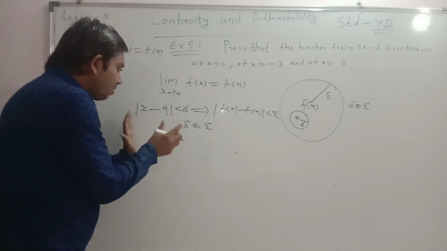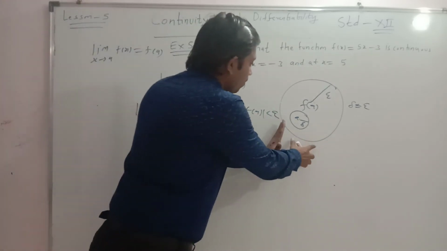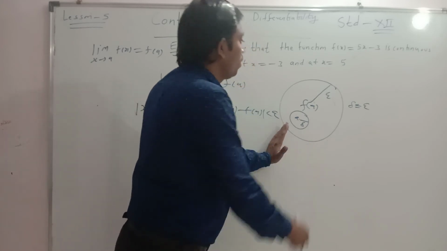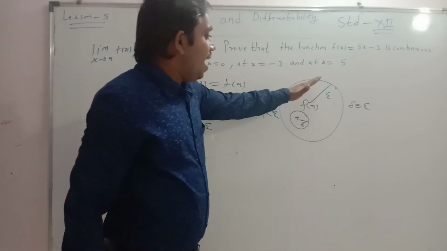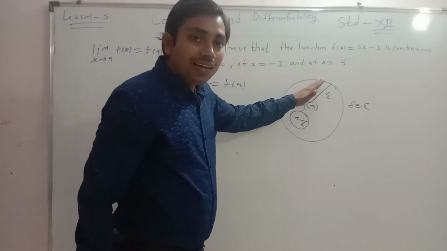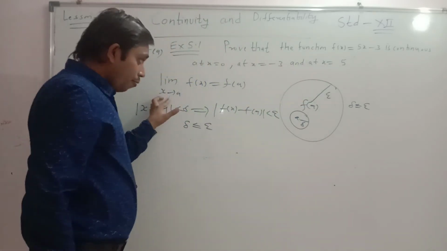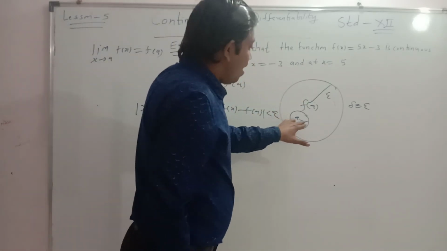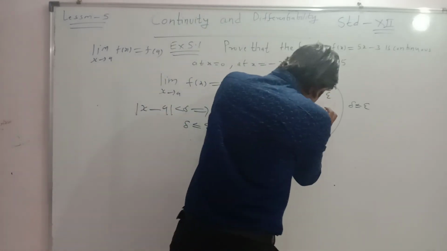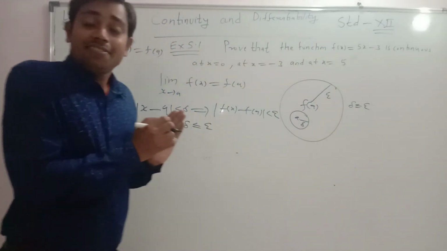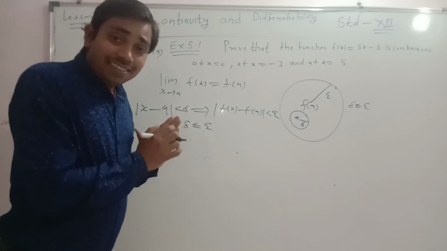So I have given this definition in topological space like this: with center f of a and radius epsilon, when it contains this domain approach with center a and radius del within this sphere, then it is said that the limit exists.